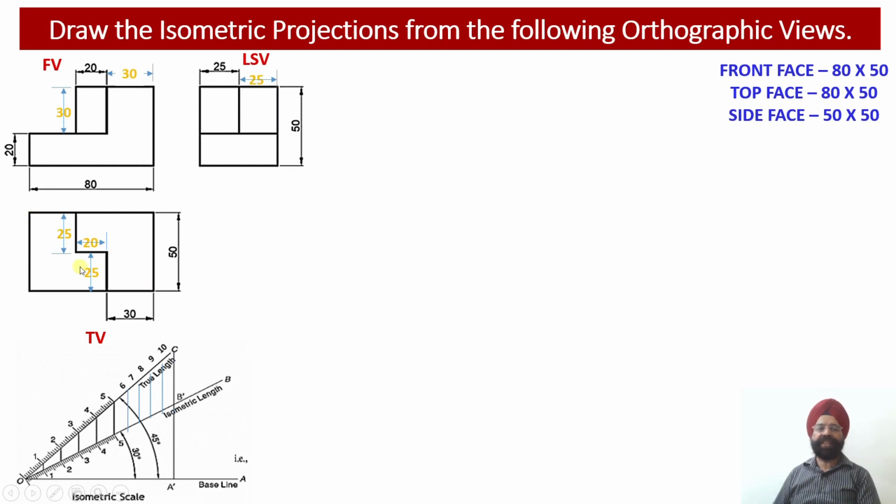Then you move 20 millimeter backward, and again parallel to the width, 25 millimeter you have to move from this corner to this corner. So this way we are going to construct this particular solid onto the isometric projection. So let us start. So we have drawn a horizontal datum line.